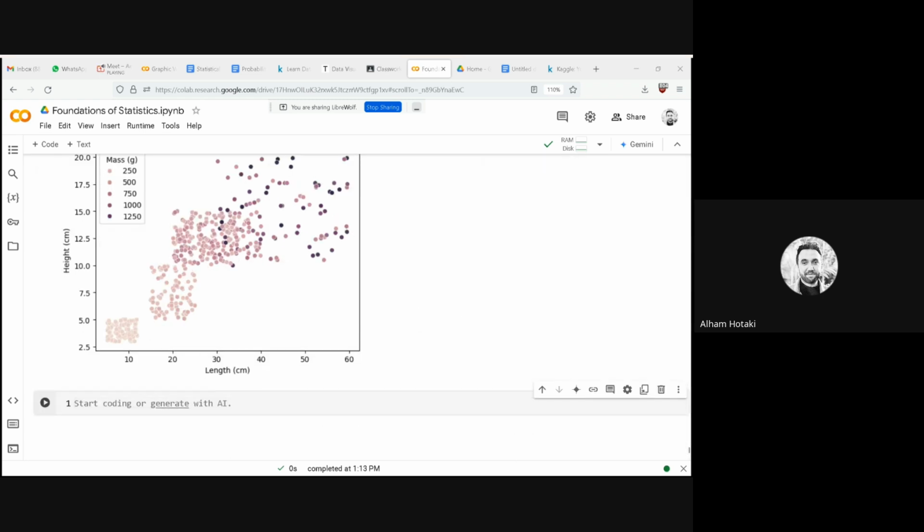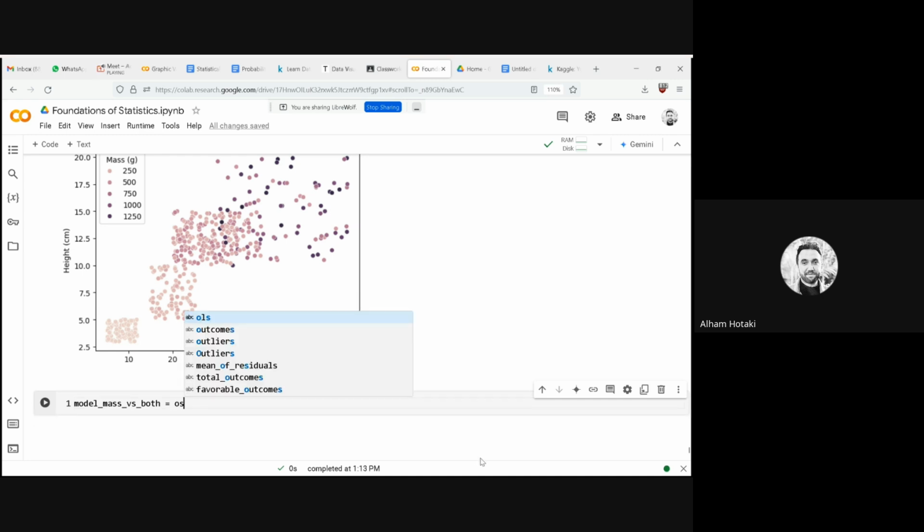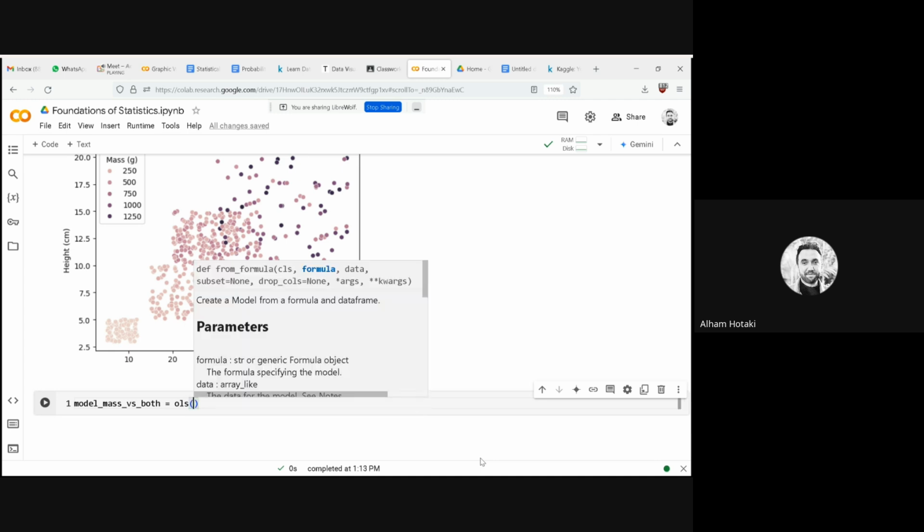Now let's model something for this. Model what? The mass versus both height and length.